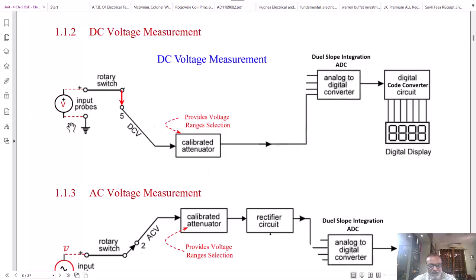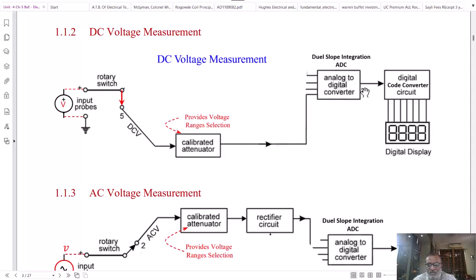For example, if your input voltage is changing from 0 to 200 volt, then this calibrated attenuator will provide the voltage division function and it will calibrate the output of the attenuator such that for 0 to 200 volt input, the calibrated attenuator output will show 0 to 5 volt.